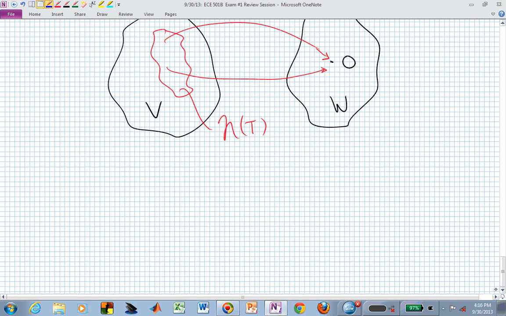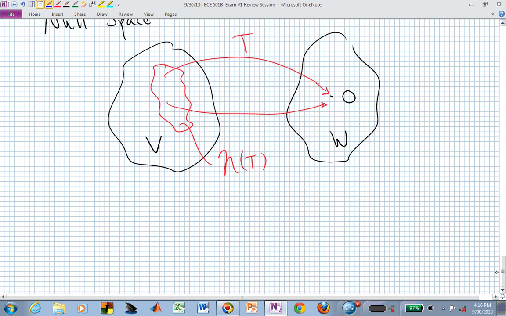And we saw this close correlation between maps that are injective or one-to-one in this concept of null space.